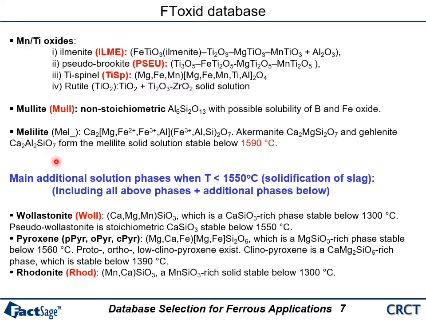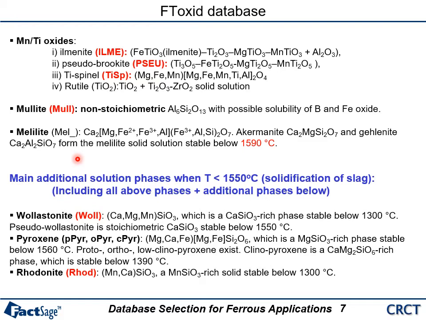This solid solution also contains a certain amount of iron, and it can also be expanded to sodium oxide containing systems. Those are the most important solid solution and slag phases in processes above 1550 degrees Celsius.